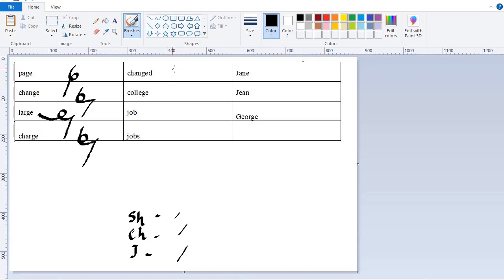According to our book, it's D. So we have CH, A, N, J, and then D. Next, college: K, O, L, E, J. Job: J, O, B. Next, jobs: J, O, B, S.